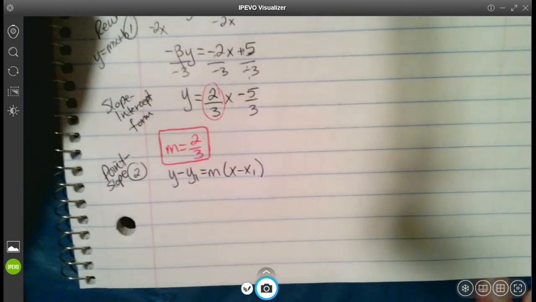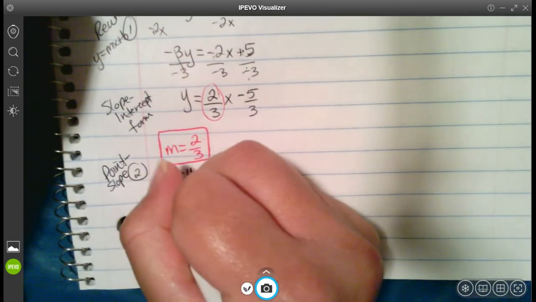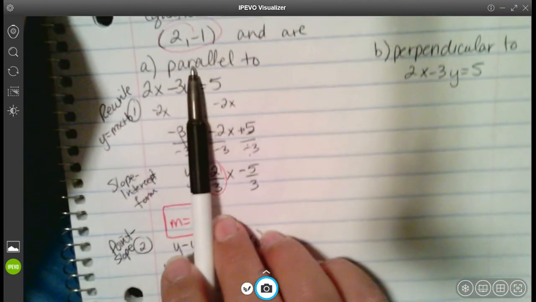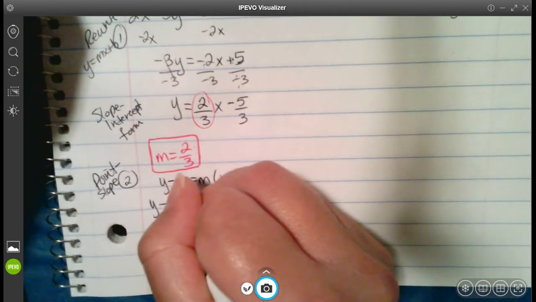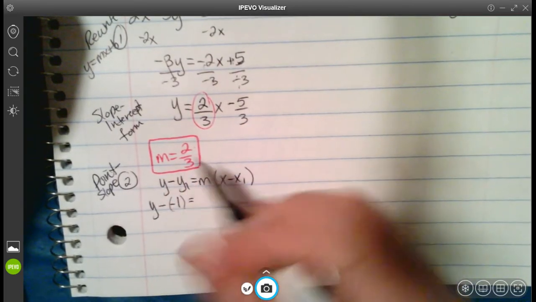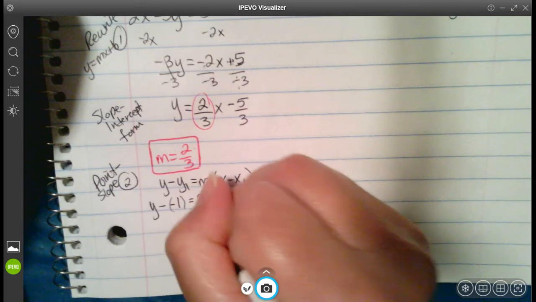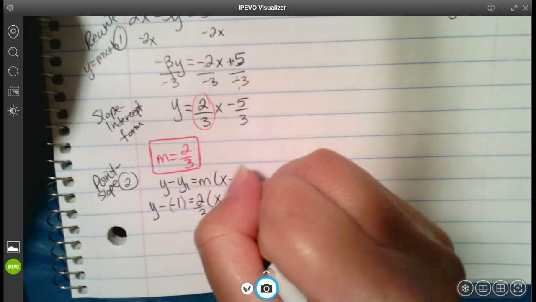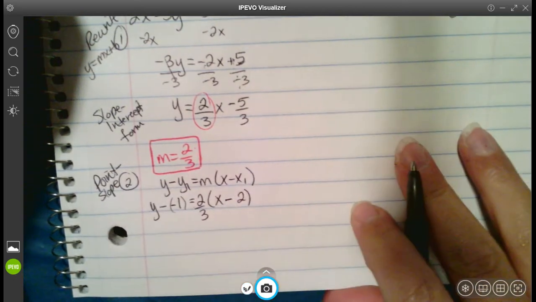Okay, so let's go ahead and plug it in. We have y minus, our y1 is going to be the value from the point up here, so -1, is equal to 2/3, because that's our slope, times parentheses x minus 2.